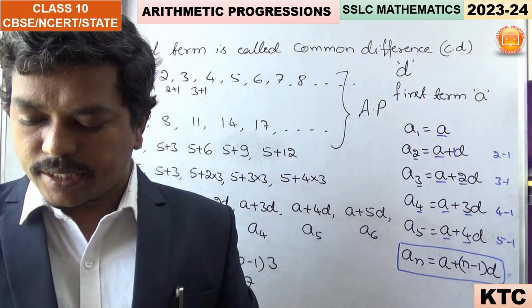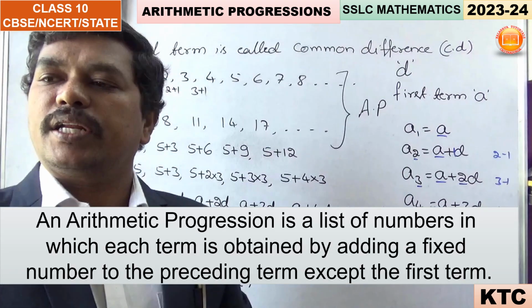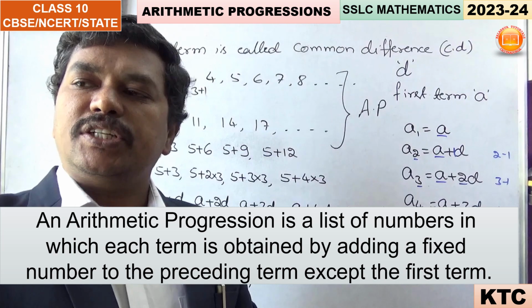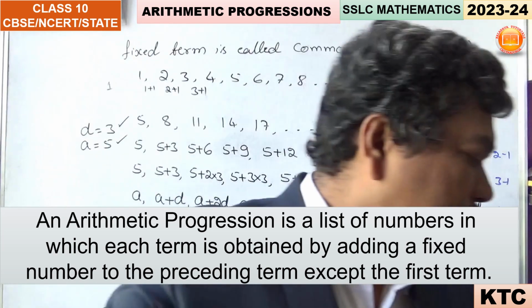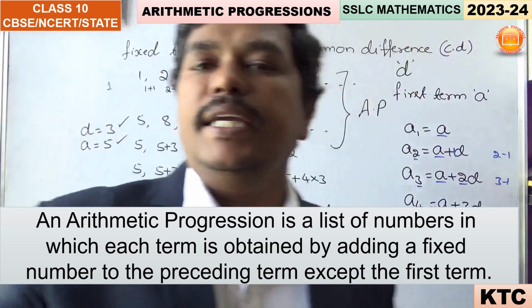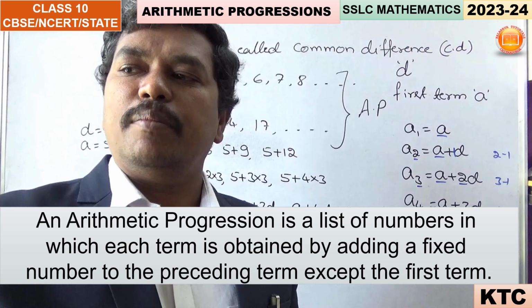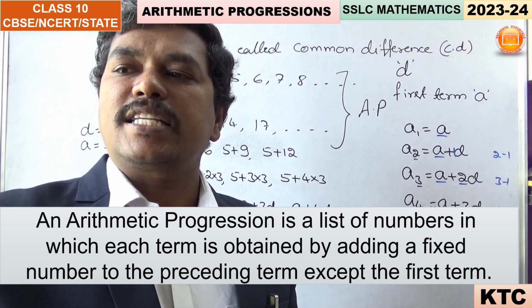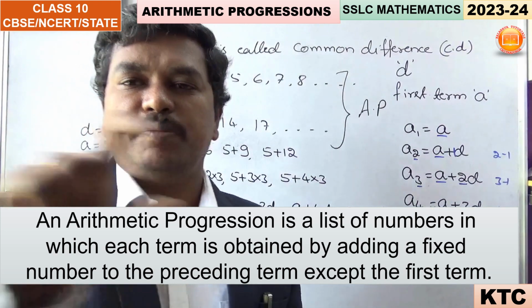The definition is that an arithmetic progression is a list of numbers in which each term is obtained by adding a fixed number to the preceding term except the first term. So this is the definition. I will show you in the display manner.